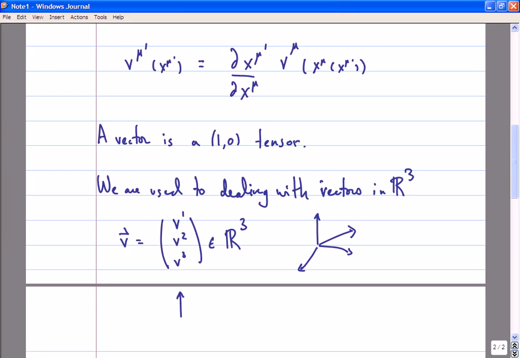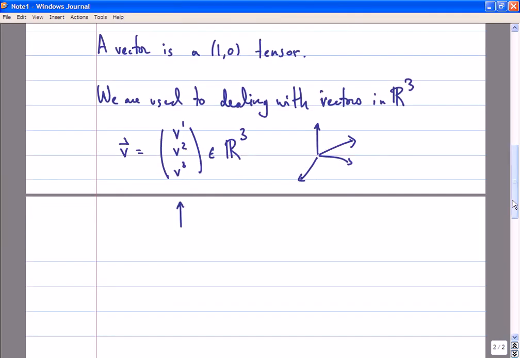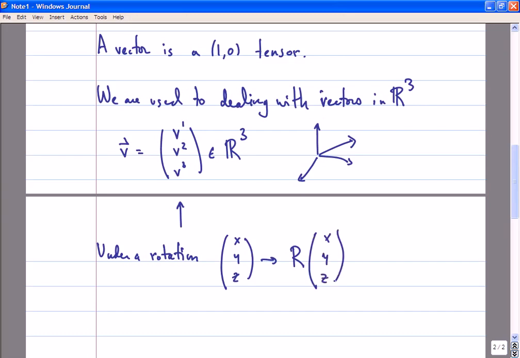So let's see what that looks like just in the very simple case of vector calculus when we're studying our familiar vectors in three-dimensional flat space. So, for example, if you just take your vanilla vector in R3 and you imagine doing some rotation, so under a rotation, say where the three coordinate axes x, y, and z get rotated in some way, where R is some 3x3 rotation matrix.